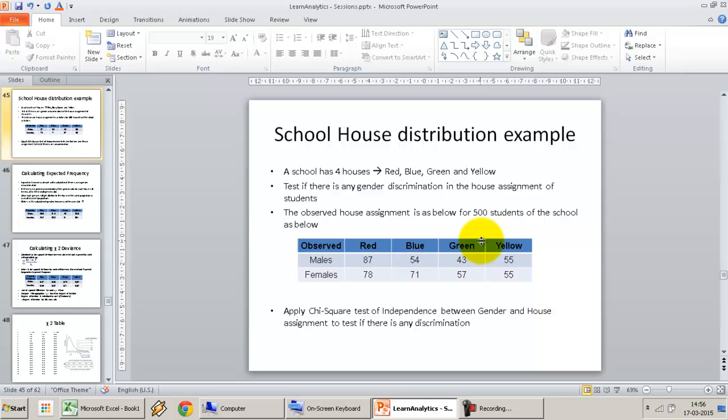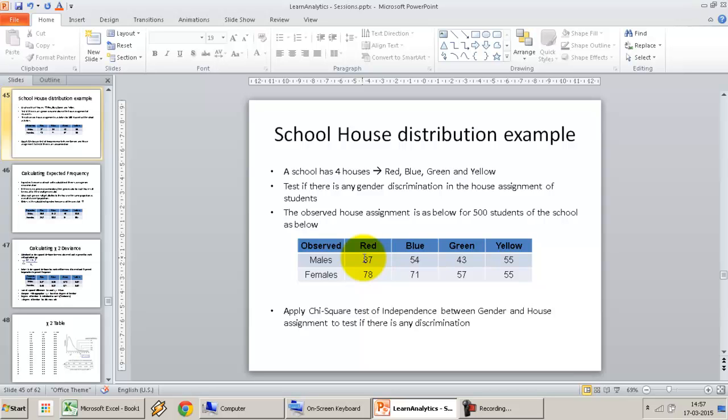Now what we want to test over here is if there is any gender discrimination in the house assignment of students. I.e., is there a house which is discriminating by gender, or is this the distribution that we can expect to get if there is no gender discrimination at all?